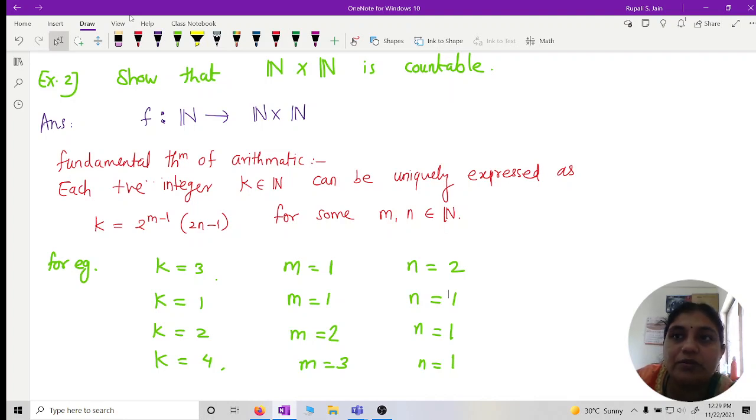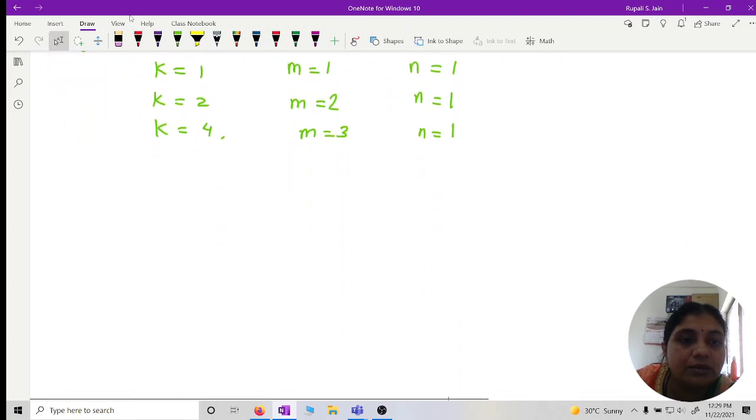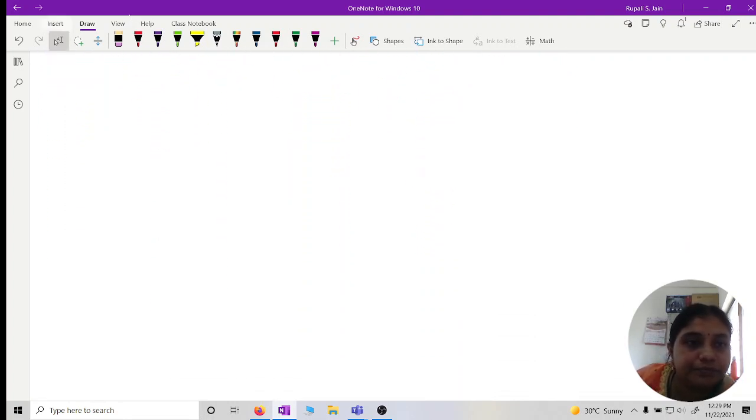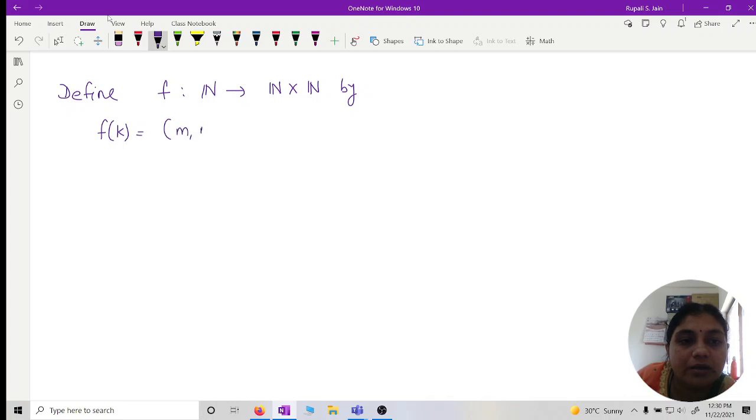So now we can define a map f from N to N cross N by f of k is equal to m comma n, where k is nothing but 2 raised to m minus 1, 2n minus 1.